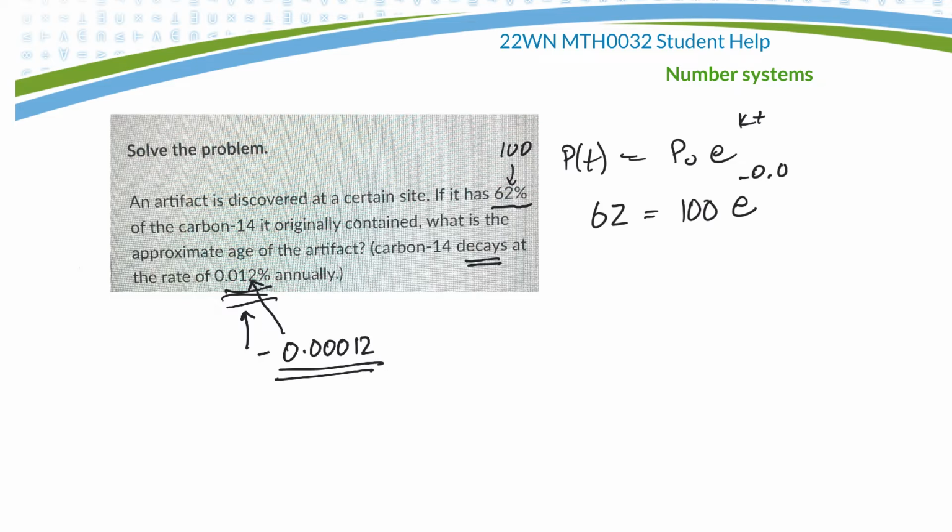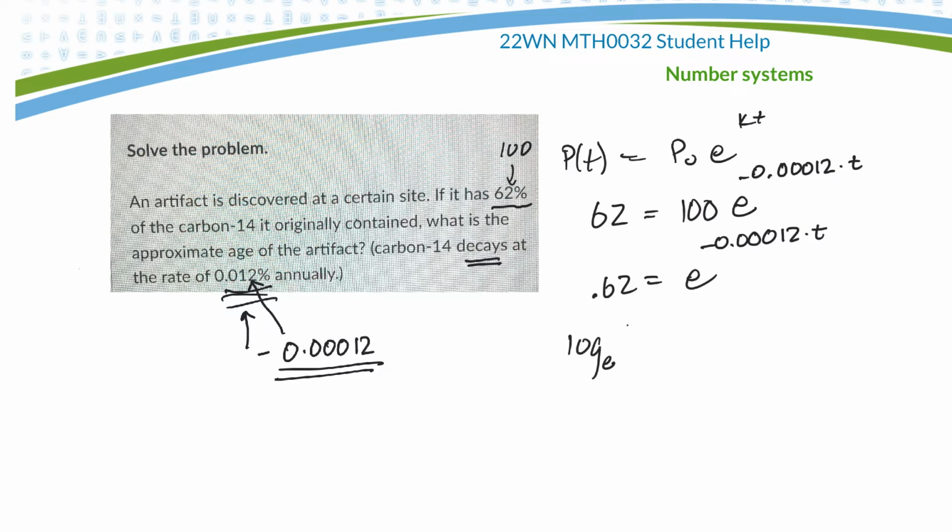Negative 0.00012 times T. There we go, solve for T. Divide both sides by 100, so it'll be 0.62 is equal to e to the negative 0.00012 times T. Change to log form.